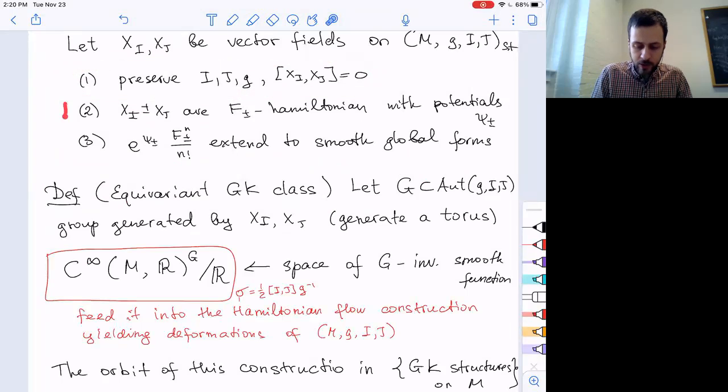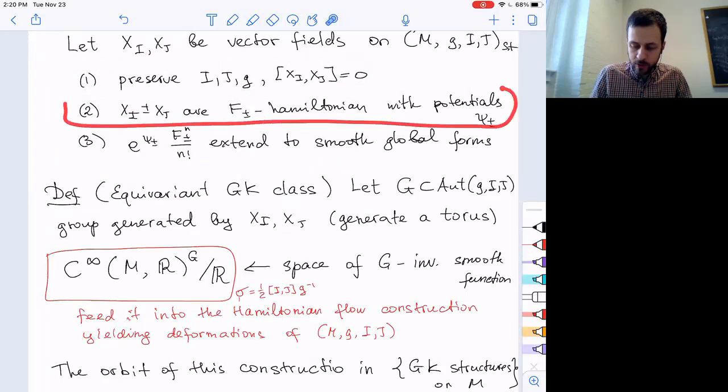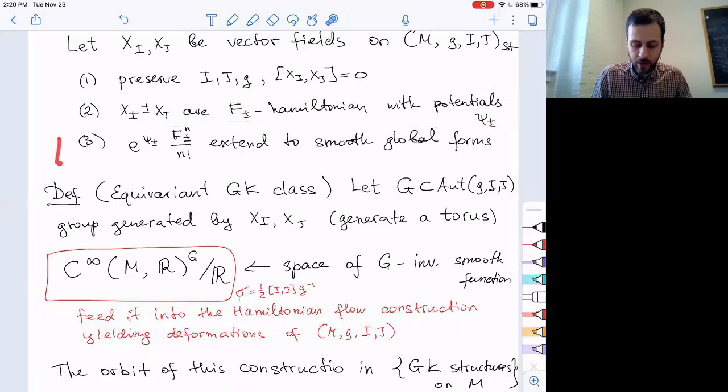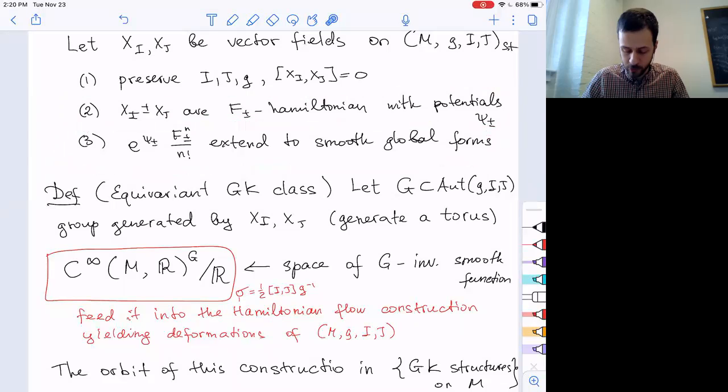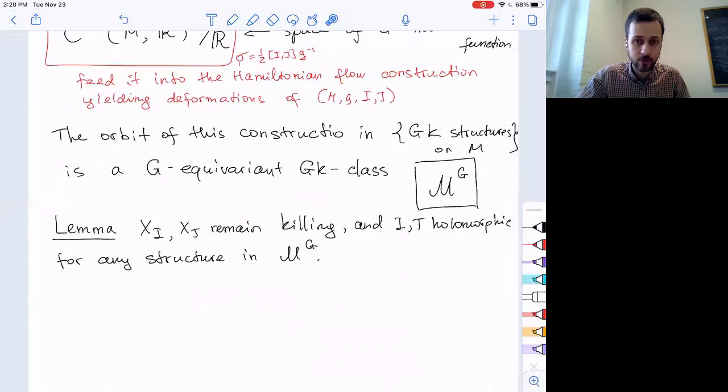Now, what about this condition? What about being Hamiltonian with some potentials? Is this preserved? And what about this condition about these forms being globally defined smooth forms? Well, they also happen to remain true under the flow construction. And maybe I'll formulate this as a separate statement.